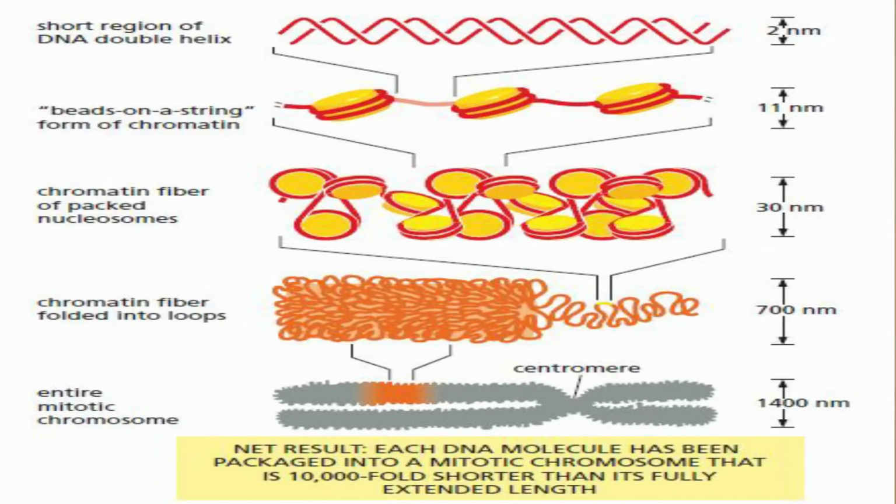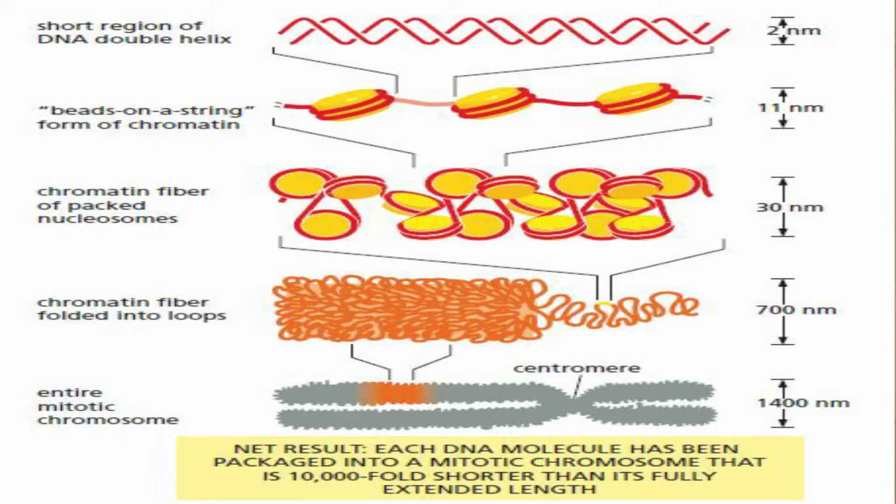So we have seen the short region of DNA double helix, right? Then we studied the beads on a string, and I drew the picture that you can see more clearly now. And then, as I mentioned, histone 1 is responsible for packing the chromatin fiber of nucleosomes, right? After that, the chromatin fiber folds into loops and gets more compact, and then you can see the entire mitotic chromosome.